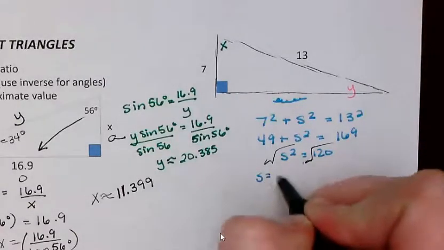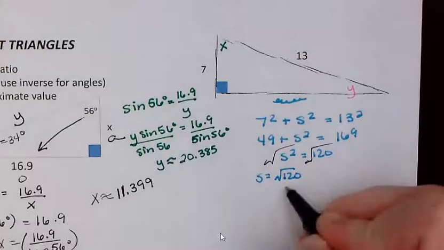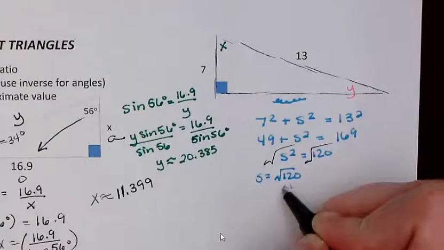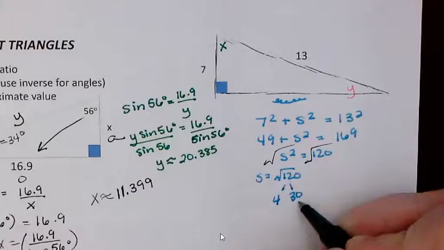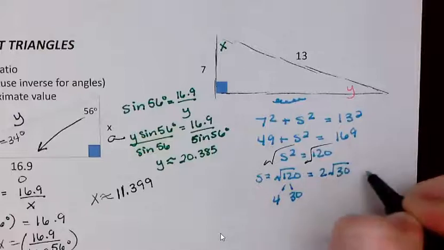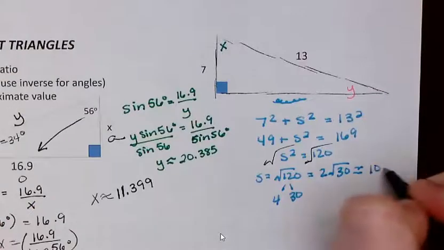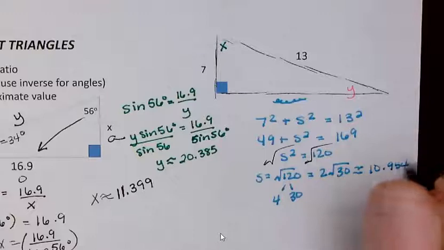S equals the square root of 120, which is really, if you want to be technical about it, 4 and 30. 30 breaks down into 6 and 5, can't break any more, so this equals 2 root 30, which is approximately 10.954 to 3 decimal places.